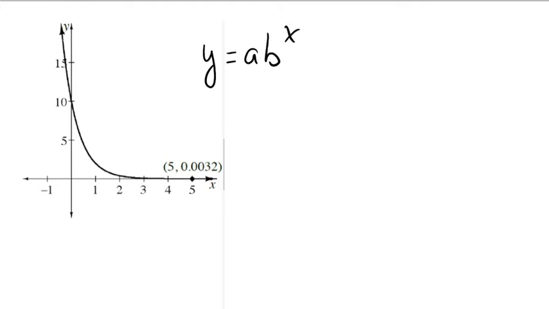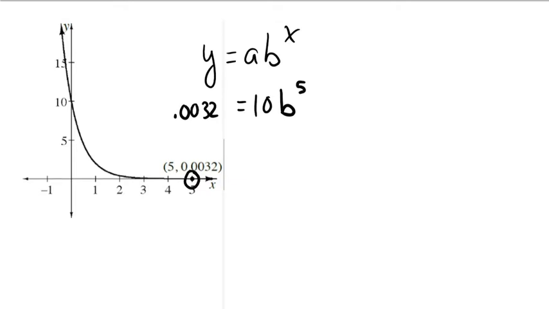And we know our a is the number 10. And we also have a particular point. For this point, we have a y value of 0.0032. And we do not know our multiplier, but we do know the x value there is 5.